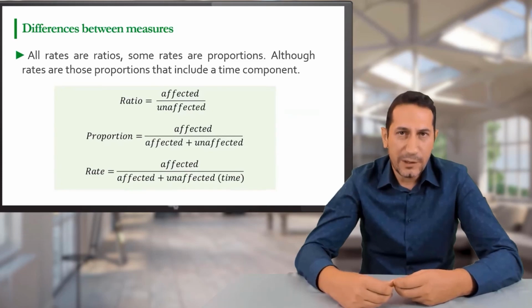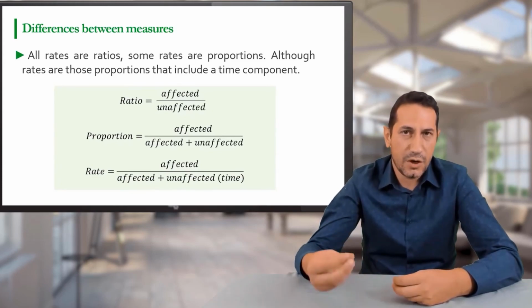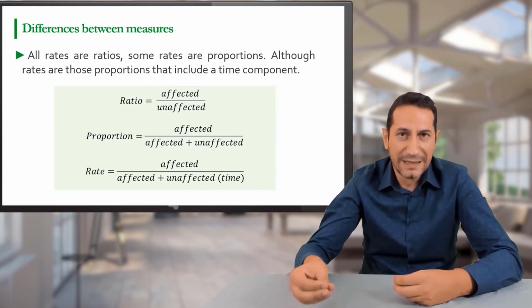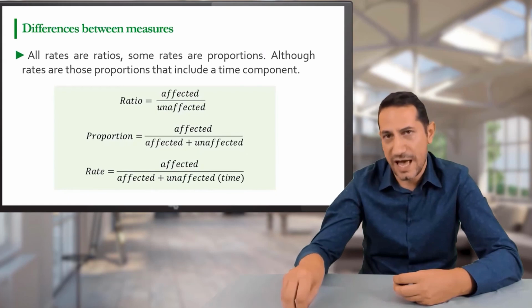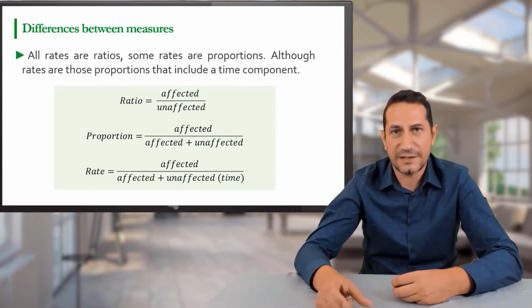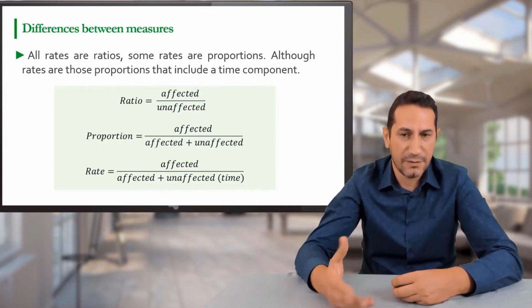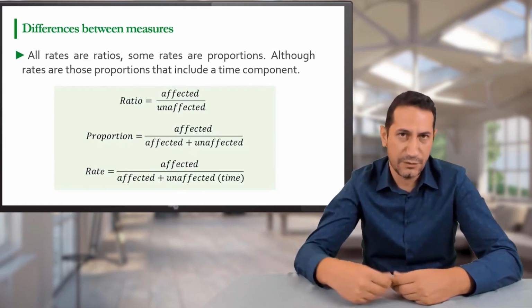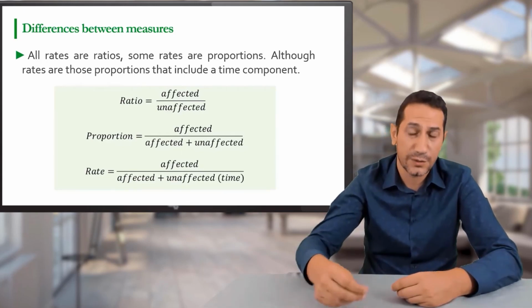When we talk about a rate, the rate has the same concept as a proportion, but the denominator is per unit of time. Time is very important because that makes a proportion a rate, and we will see during the talk how time has this specific role in rates.